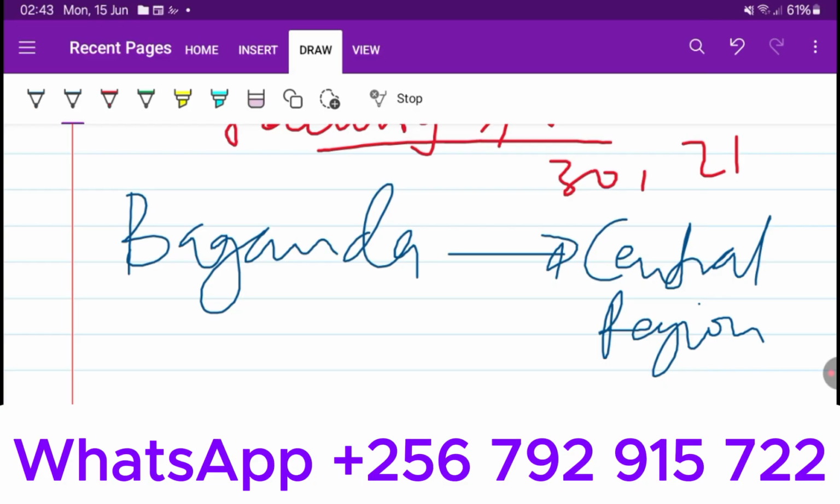Now, you find that within the central region, it's not necessarily that it's only Baganda who are there. So it is going to happen that people will not even tell you. Just because you have found them speaking Luganda, you may think they are part of the community that you have come to interview or to collect information on. So you end up collecting information from someone who is not a Muganda. So you are going to get wrong information about the Baganda.